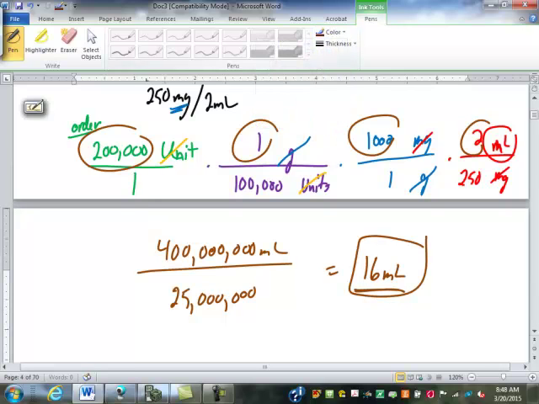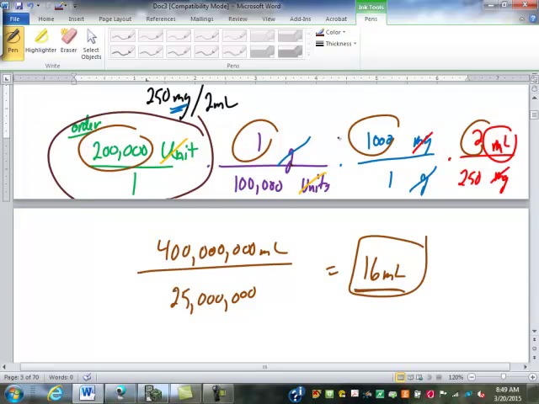Now, if you were to use the dosage calculation or the proportion, there would be 4 separate proportions here. There would be one proportion to convert this into grams. Once you're in grams, then you'd use another proportion to convert from grams to milligrams, or you could just move the decimal point. Then you'd have to use the milligrams to milliliters. So at least 2 or 3 different proportions to make that conversion.